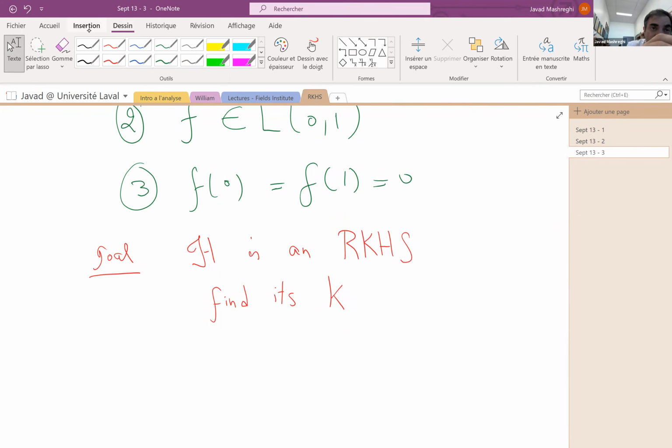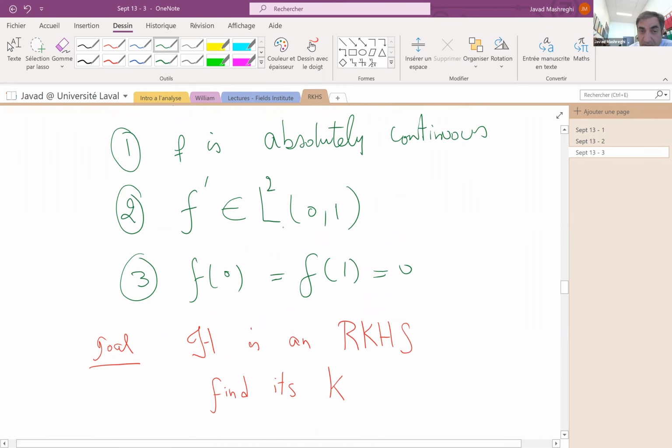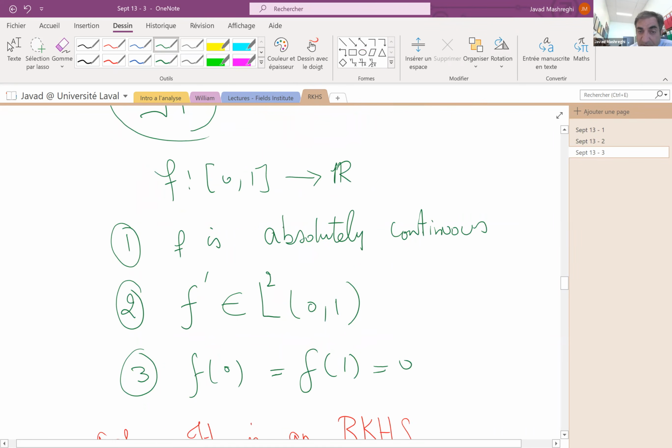Well, I said RKHS, Hilbert space. Look, we can add these functions, we can multiply by scalars. It's easy to see that it's a vector space.